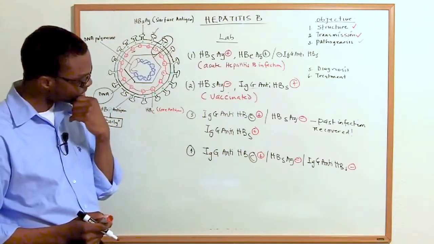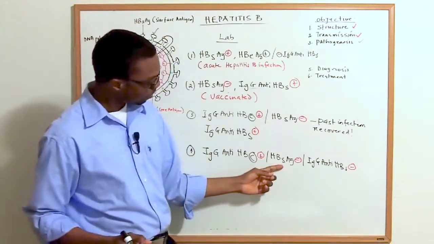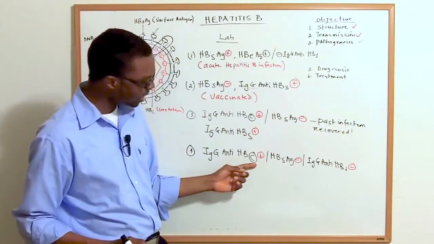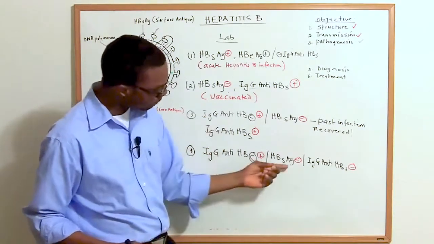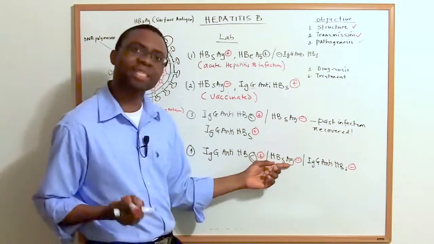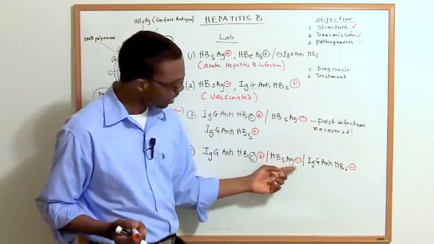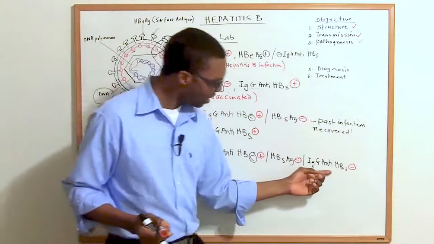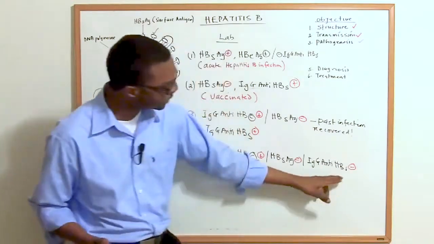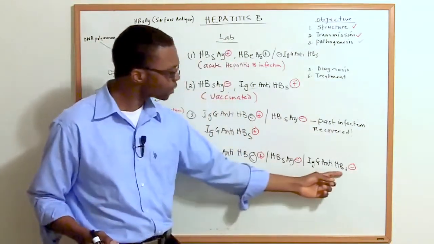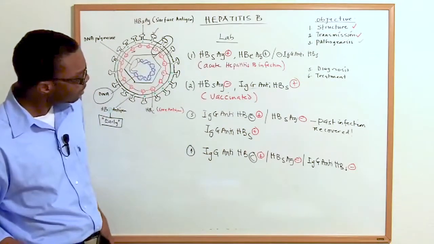That doesn't make any sense. We have an antibody against the core, but the surface antigen can't be found inside the bloodstream at all. And we don't have an antibody yet against the surface antigen.